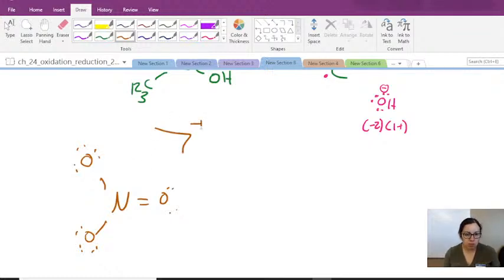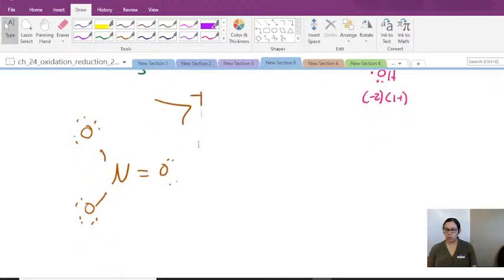And it should have a -1 charge. So what's the oxidation state for the nitrogen and these oxygens? Try this one.